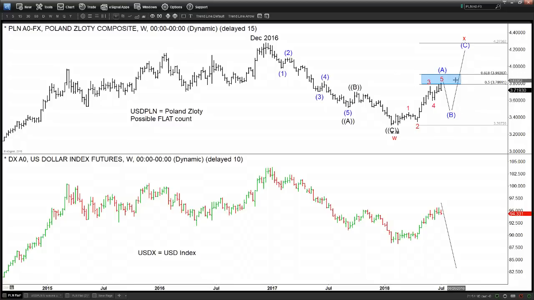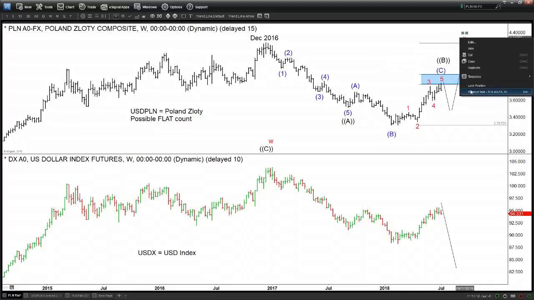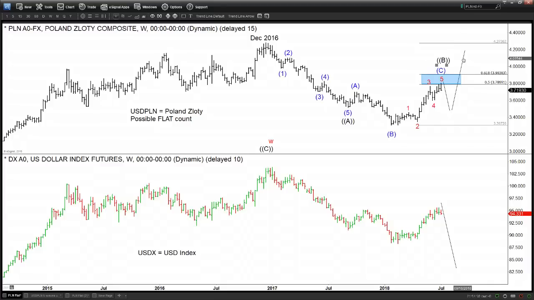What we do know though, regardless of whether this is an ABC or a flat like this, is we should get a reaction lower in the shorter cycle. And that's what we call Elliott wave hedging. No matter what, you will get a reaction lower.